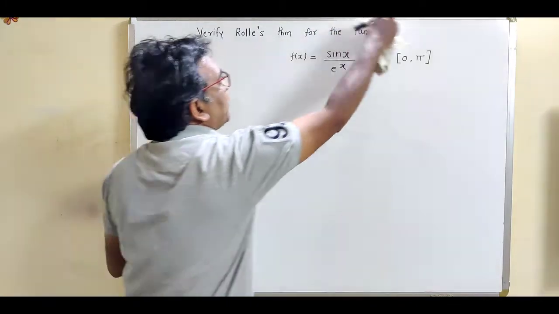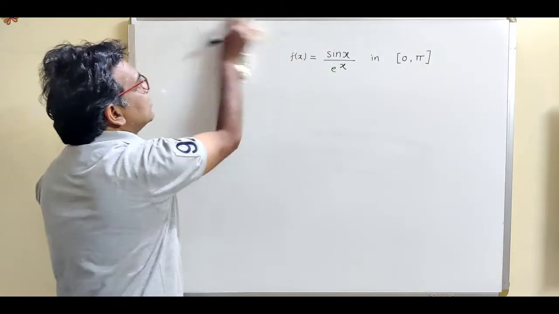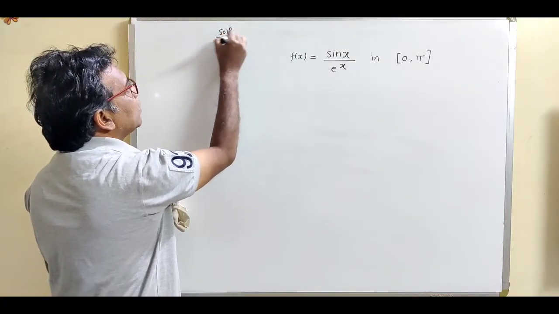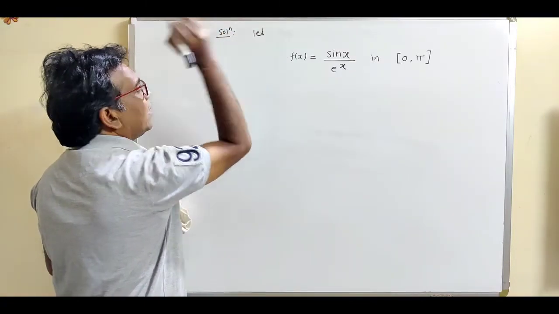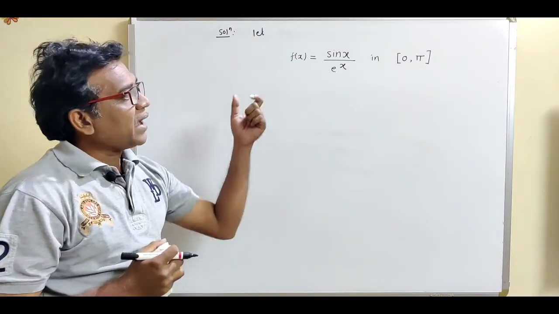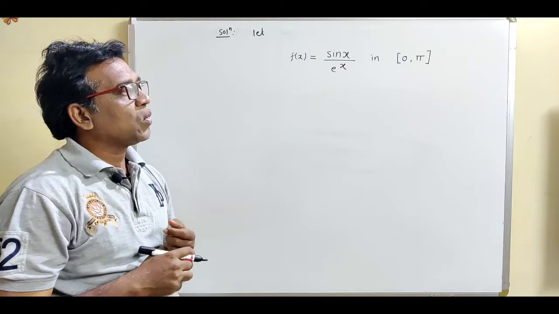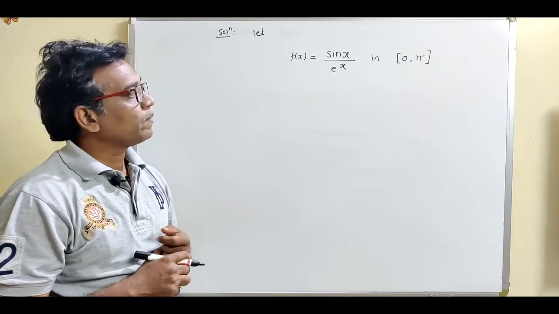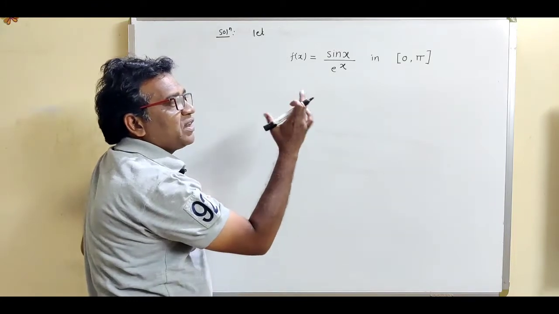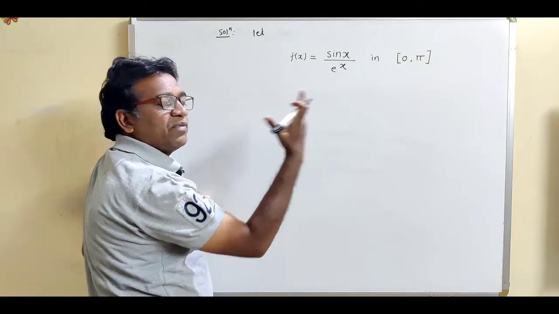Now see what is the given function. Write down the solution. So this is the given function: f(x) = sin x upon e raised to x in the closed interval [0, pi]. Now we have to verify whether it is a continuous function in the given interval or not.